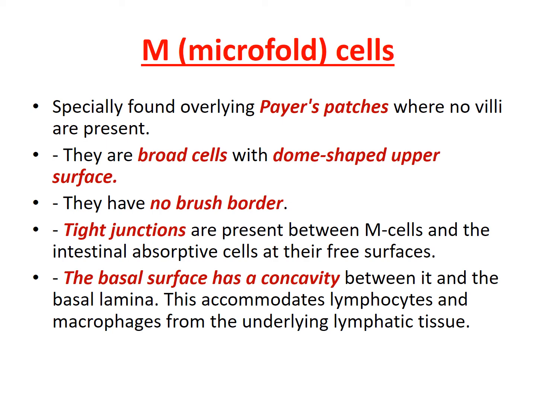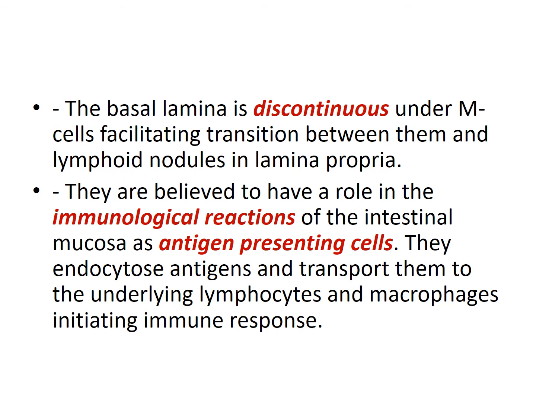The basal surface has a concavity between it and the basal lamina. This concavity accommodates lymphocytes and macrophages from the underlying lymphatic tissue. The basal lamina under the M cell is discontinuous, which facilitates transition between them and the lymphatic nodule in the lamina propria.